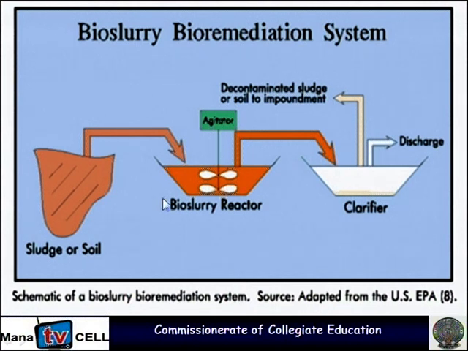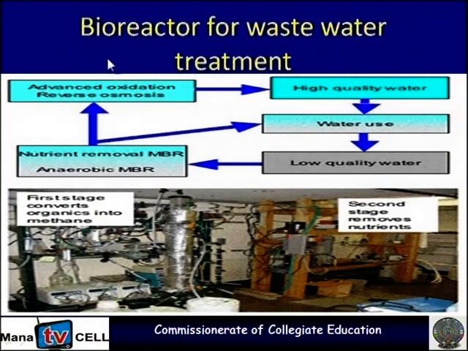This is a type of bioremediation system. We are here using Bioslurry, where sludge of the soil is taken, and we are passing it into the Bioslurry reactor, and from there it is clarified. So, we are calling it a clarifier, and it is discharged outside, and thus the Bioslurry bioremediation system works.